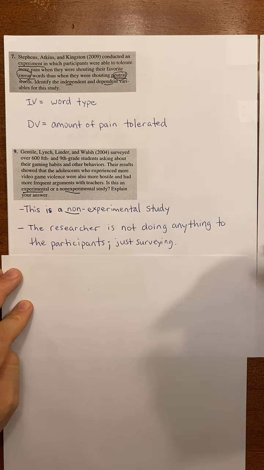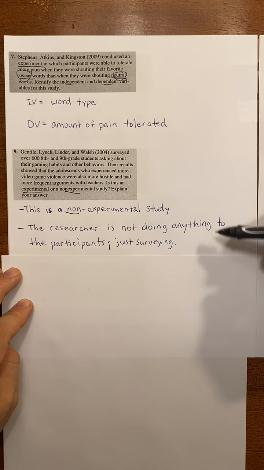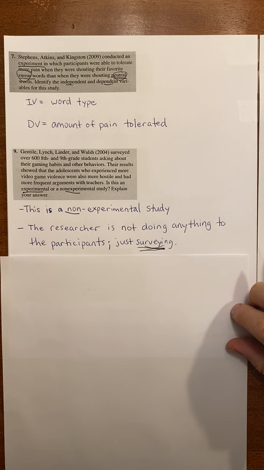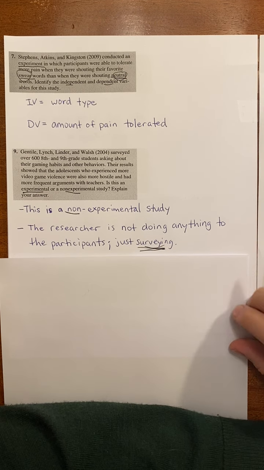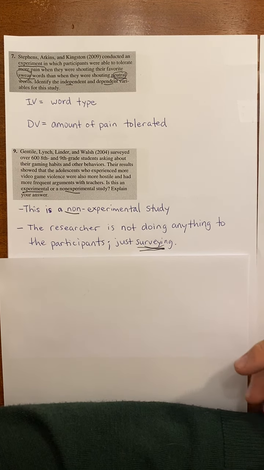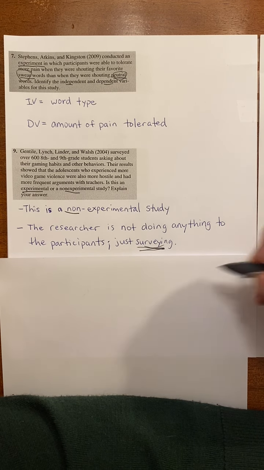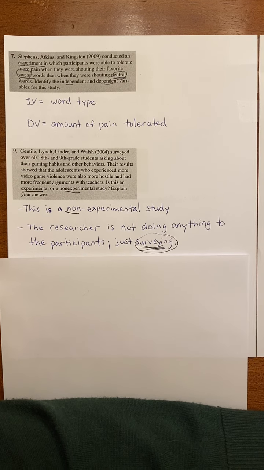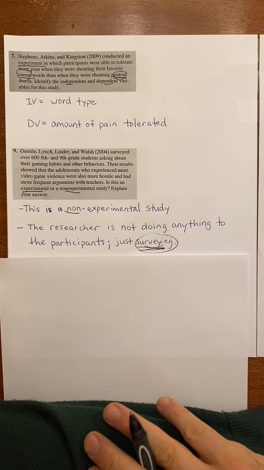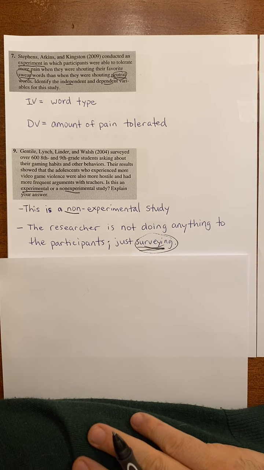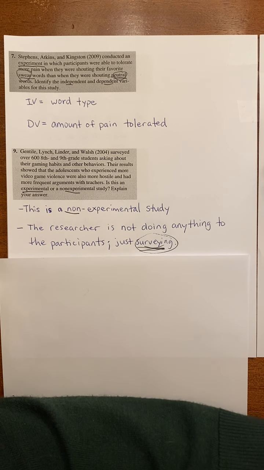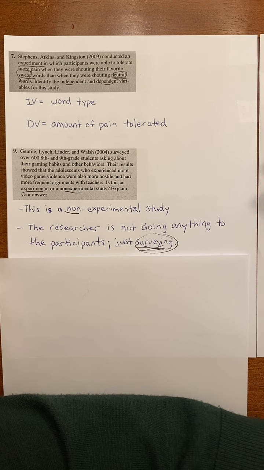Well, the researcher is not doing anything to the participants, just surveying them. Right, so maybe we should clarify here. If a researcher goes and asks some participants some questions, like a survey, that is not an experiment. Just asking participants questions isn't an experiment because you're not doing anything to the participants to cause any kind of change in them, to cause any measurable reaction.